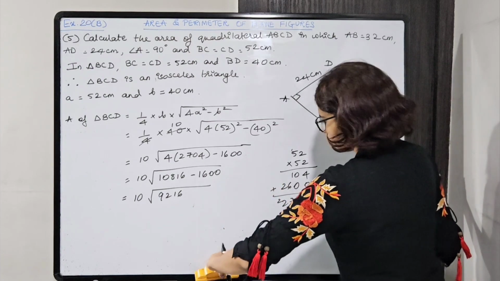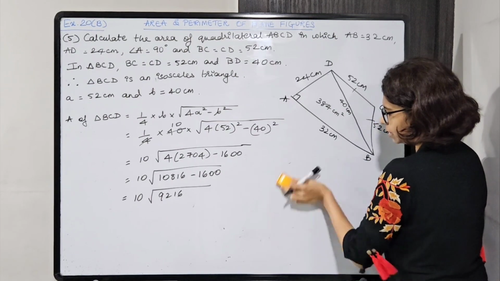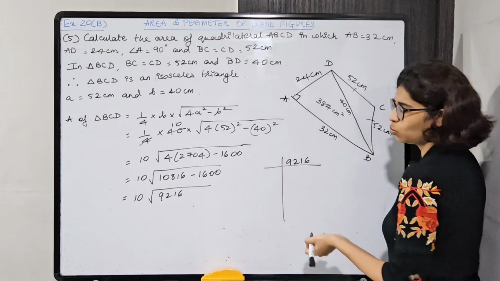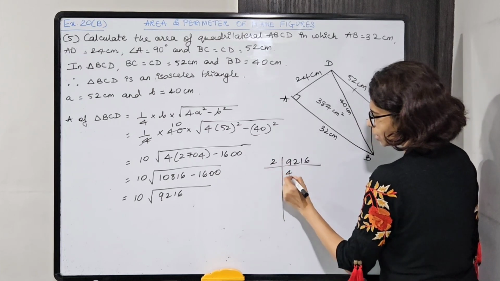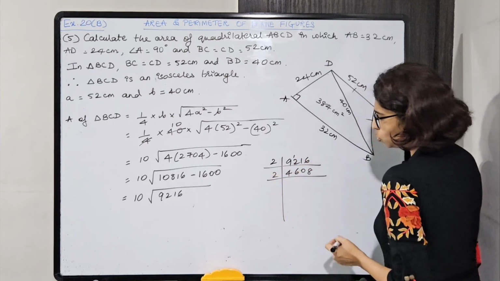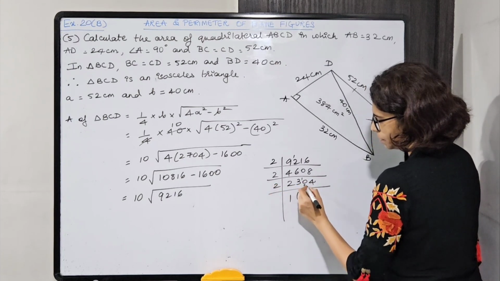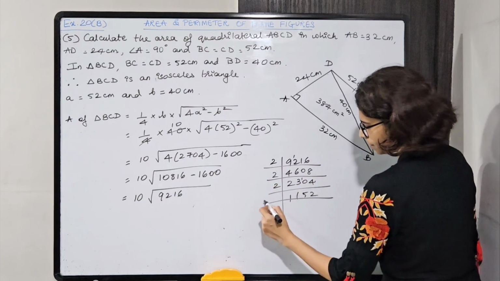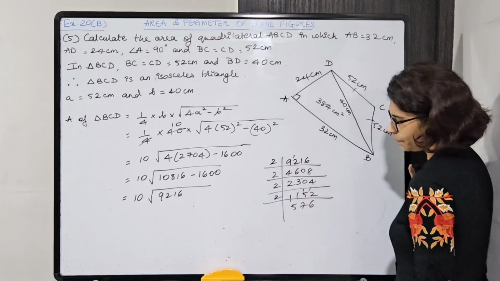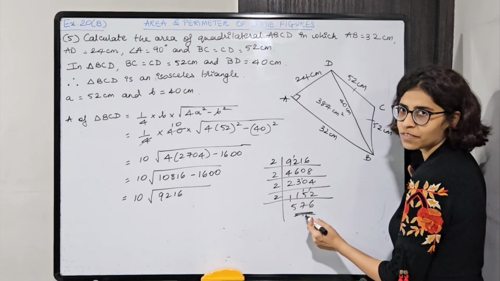9216 is a big number, so square root find out करना है. Let's factorize करके देखते हैं. So 9216 divisible by 2. इसके आगे भी फैक्टराइज कर सकते हैं, बट 576 is a perfect square.